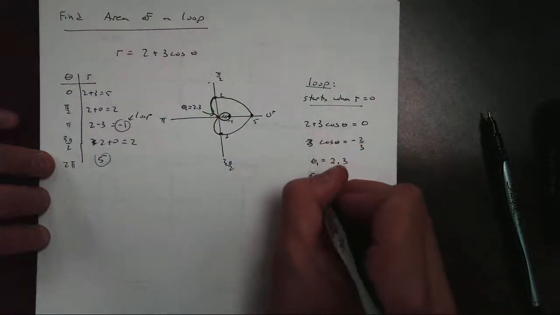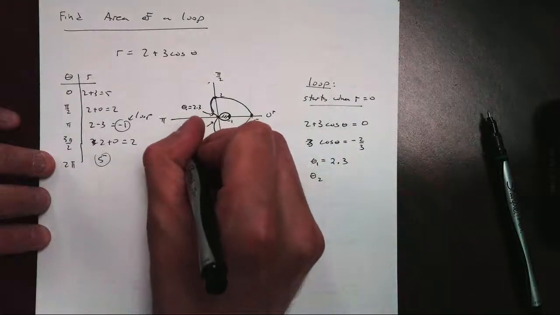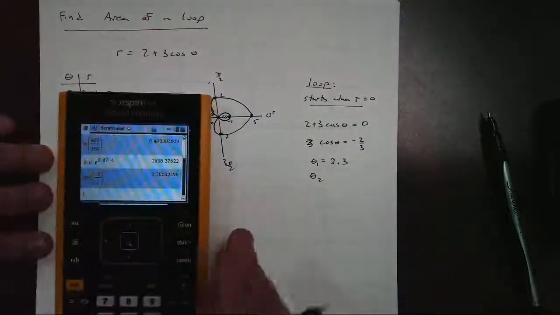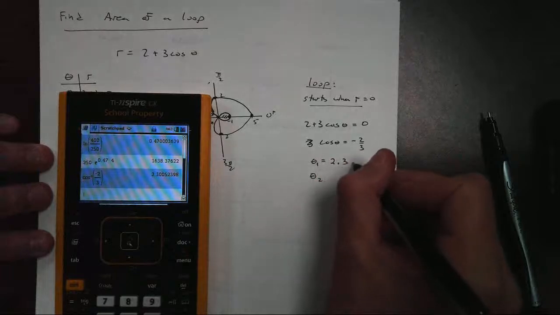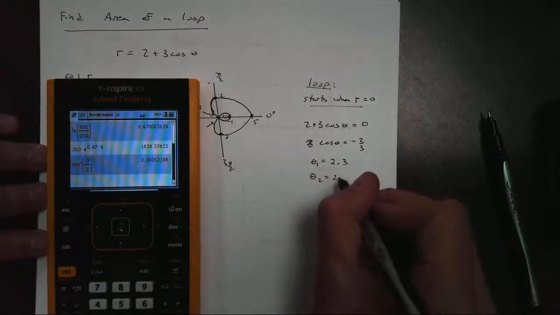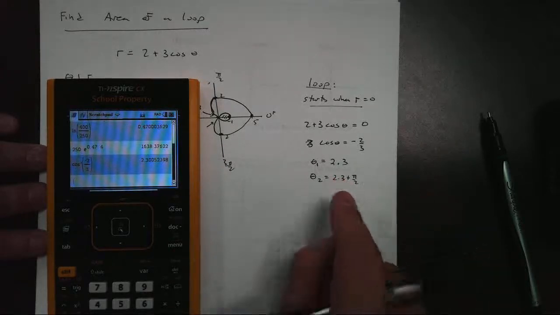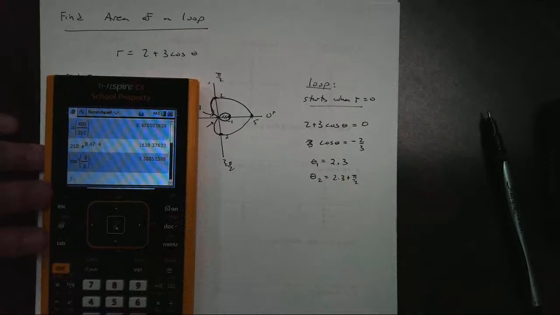Now, where's the second time it's going to cross, where it ends? How do I get the second time? Well, I'm just going to add pi over 2 to that, because that's how we get to the next quadrant. So I take that 2.3 and I add pi over 2.